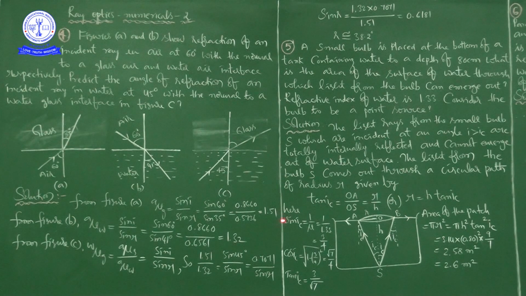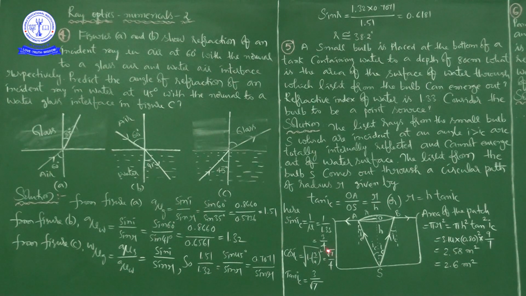At the same time, you know the relation between critical angle and refractive index: mu is equal to 1 by sin c. So sin c is equal to 1 by mu, and mu is already given as 1.33. So 1 by 1.33 can be written as 3 by 4, that is sin i_c is equal to 3 by 4.